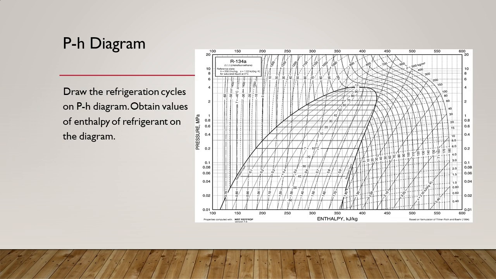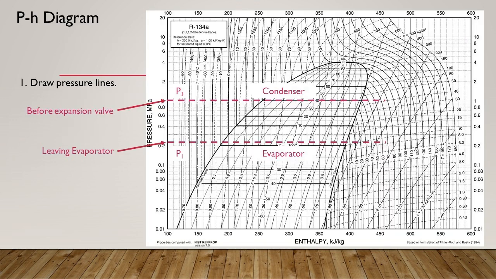How to obtain the values of refrigerant enthalpy from the p-h diagram? First of all, draw the pressure lines of condenser and evaporator, that is the pressure before expansion valve P3, and the pressure leaving evaporator P1 respectively.